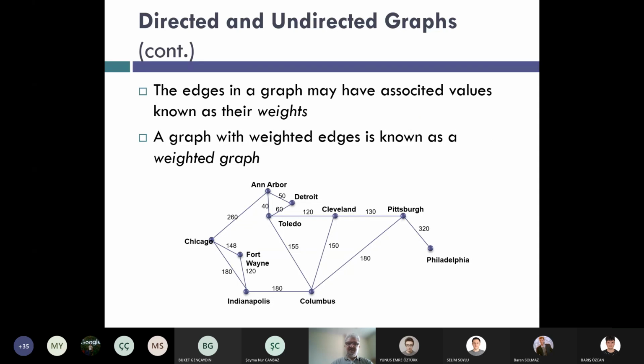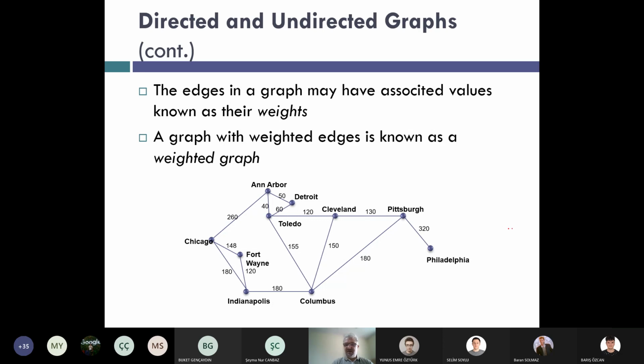Sometimes we need some value associated with each edge. We usually call this value a weight. So we may have weights on the edges, and if we have such a graph, we call that graph a weighted graph.